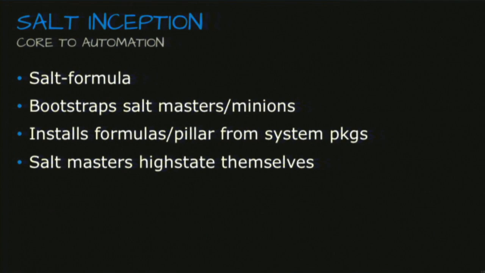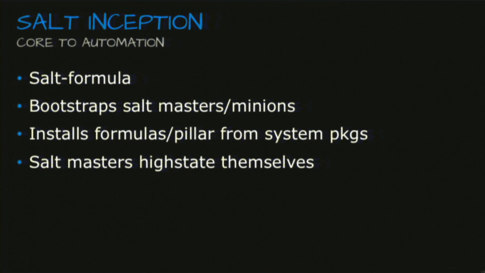And so one thing that's core to our whole automation pipeline, I think the first formula we wrote was the Salt formula. It's different than the one that's on the public GitHub, but I got a lot of good ideas out of that one. It bootstraps Salt masters and minions. It's made to install pillar data and formulas from packages.